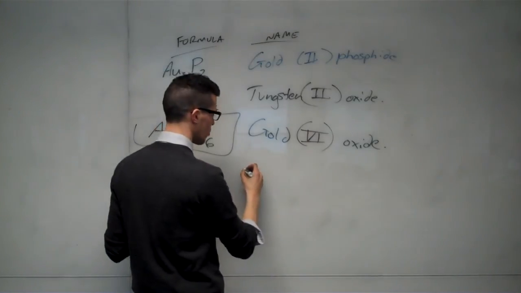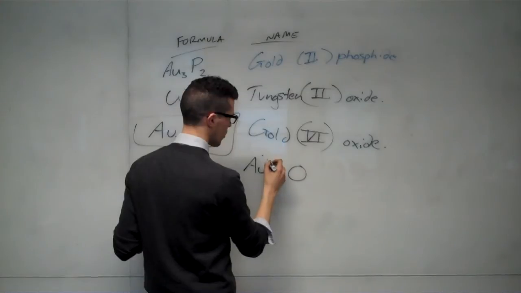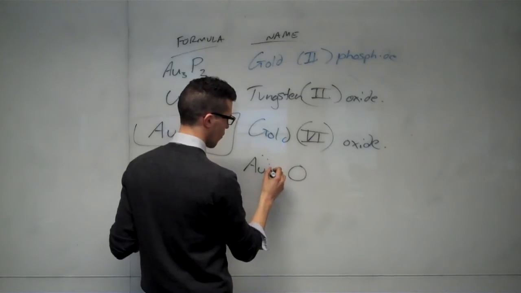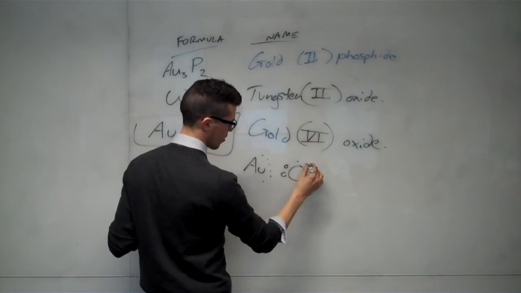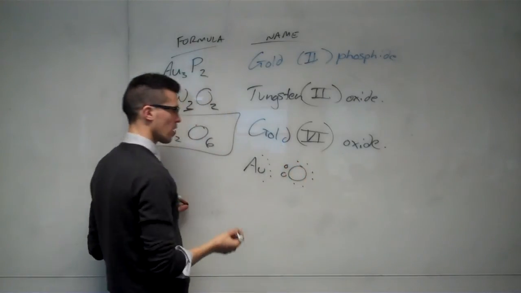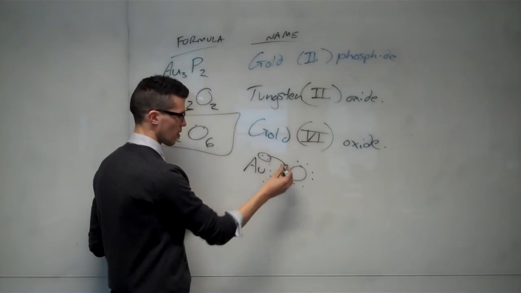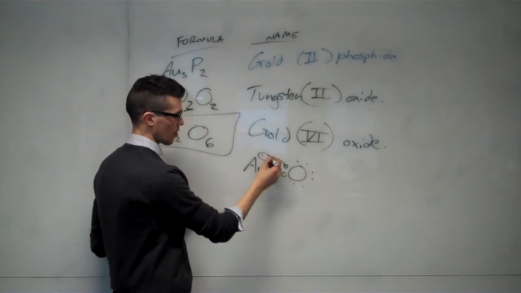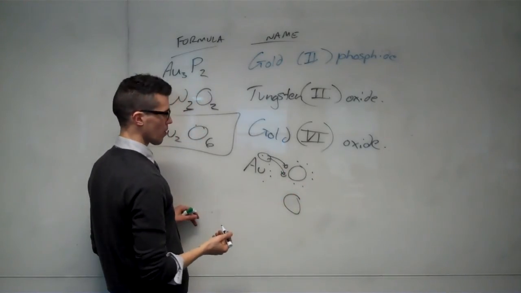Au2O6. So if you have gold and you have oxygen, gold is giving away 1, 2, 3, 4, 5, 6. You're going to need to have how many golds? 6. That's a lot. Wait, that doesn't work.